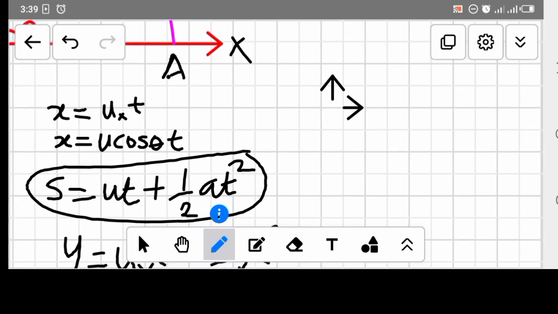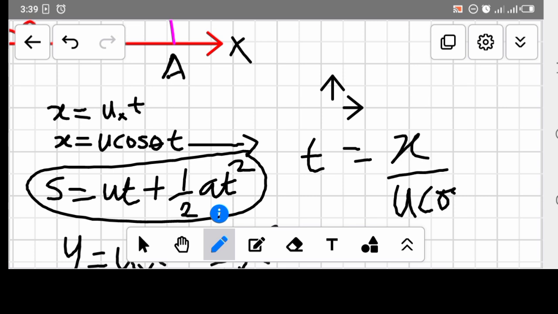So now let's go back to this. I'm going to make t the subject of the formula here. So I'm going to be having t equals x over u cos theta. If that is the case, I can take that expression to everywhere we have t.